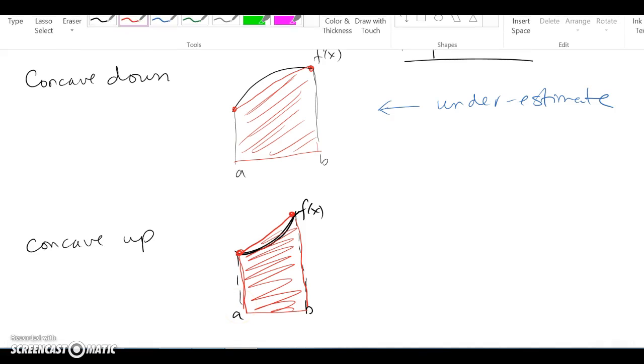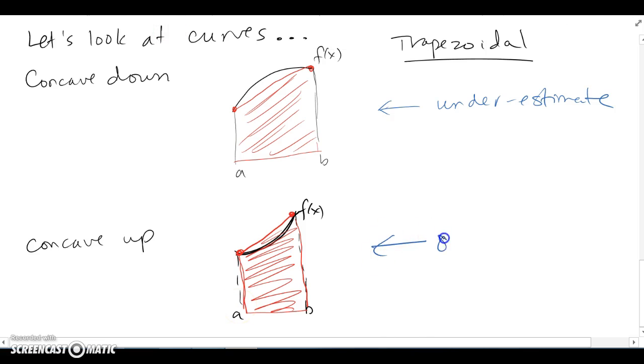It's going to end up being an overestimate. So when I'm looking at the trapezoidal rule for concave down curves, for those pieces I'm going to have an underestimate. For concave up curves I'm going to have an overestimate.